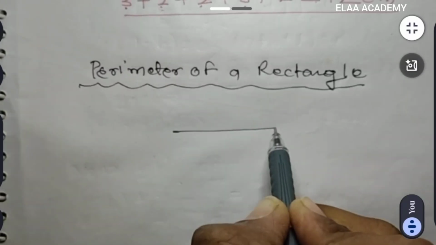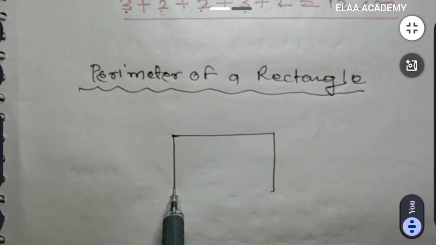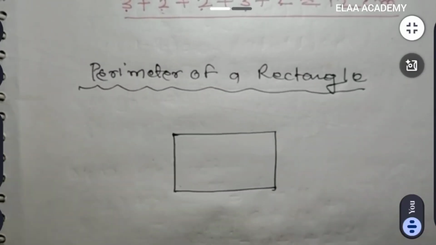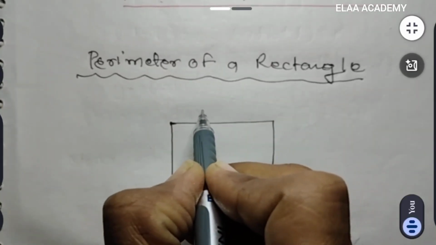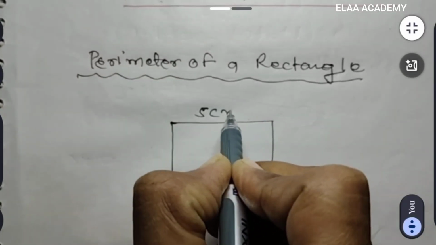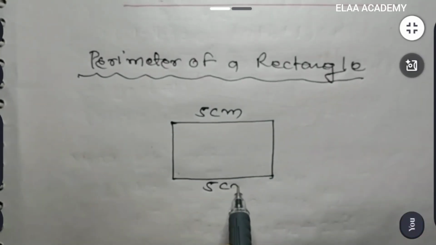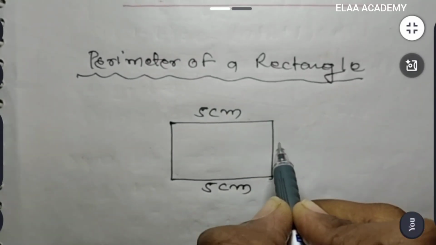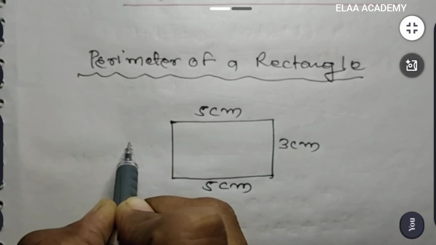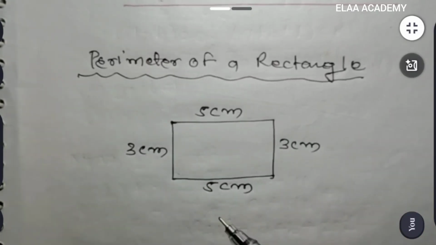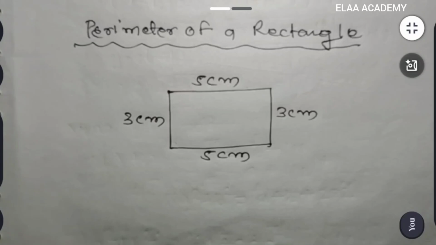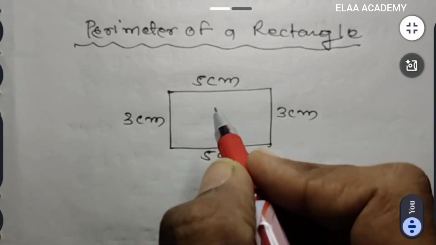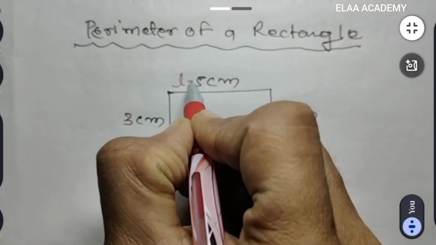Okay, so we know the properties of rectangle. Properties of rectangle can be given as, this is the diagram of rectangle. ये rectangle का diagram ऐसे होता है ना बेटा. So we can take the rectangle as 5 centimeter, and this is 3 centimeter, and this is also 3 centimeter.